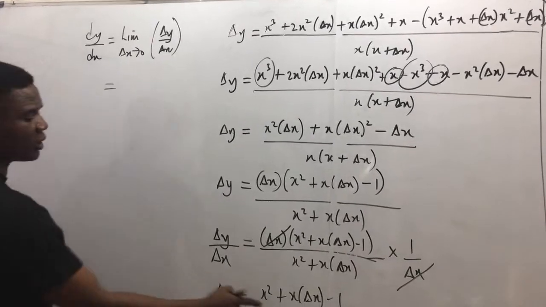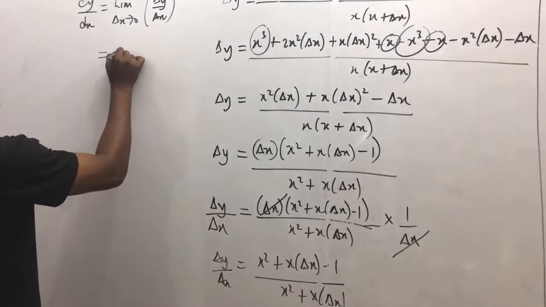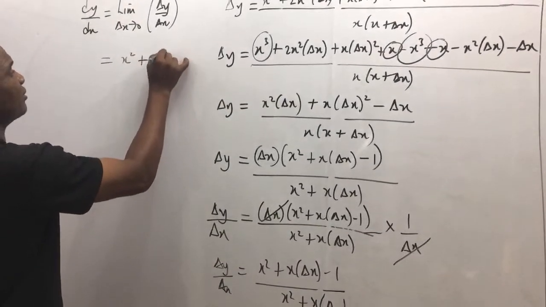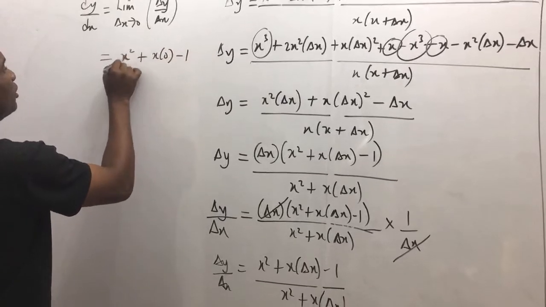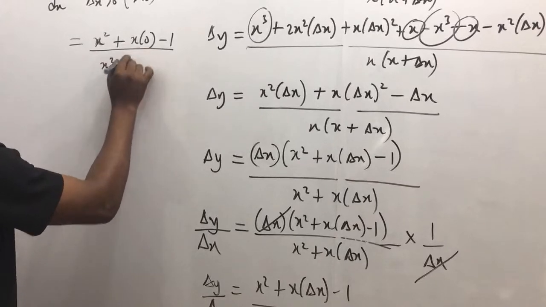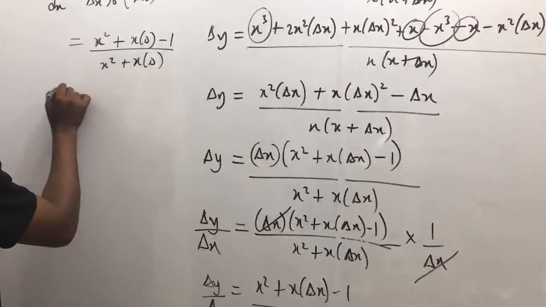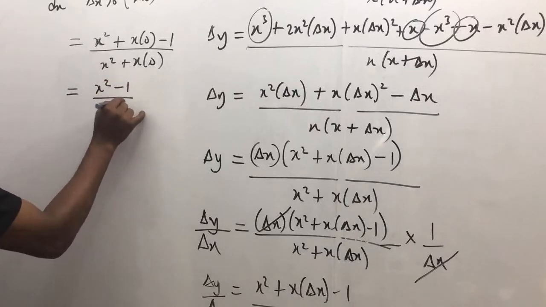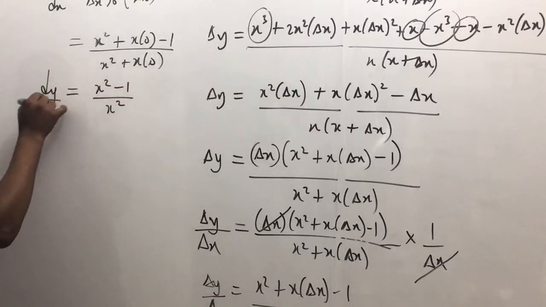So I'm going to put 0 wherever I find changing x. That will give me x squared plus x times 0 minus 1 all over x squared plus x times 0. And that gives me the final result, which is x squared minus 1 all over x squared. So this will be the dy/dx.